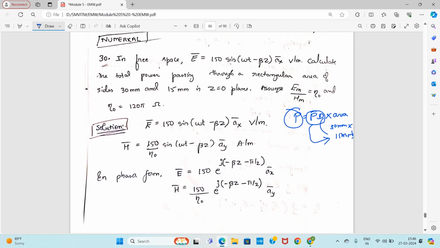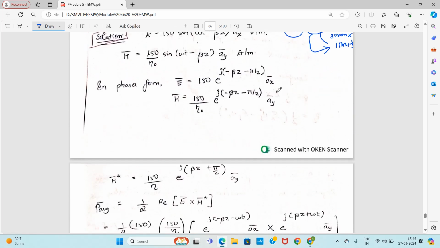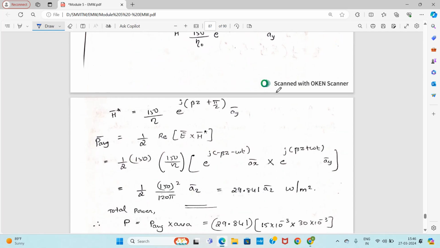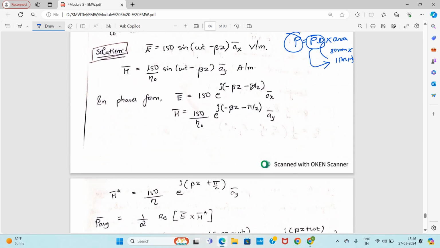Instead of pi by 2, just keep it as omega t. We're not given this pi by 2 here, so keep it as omega t.